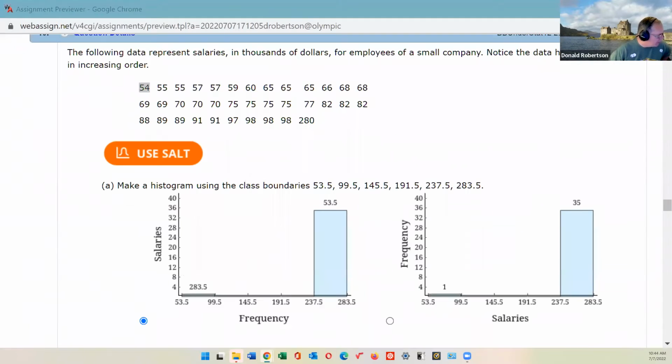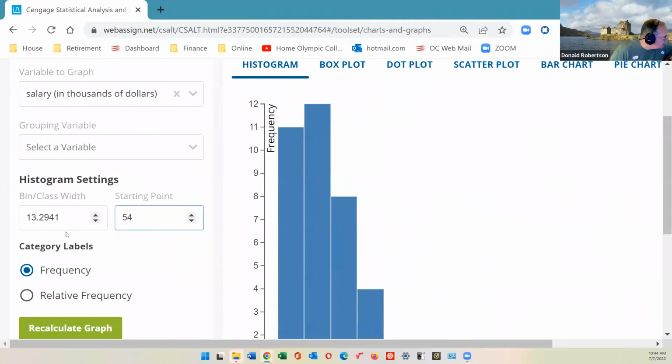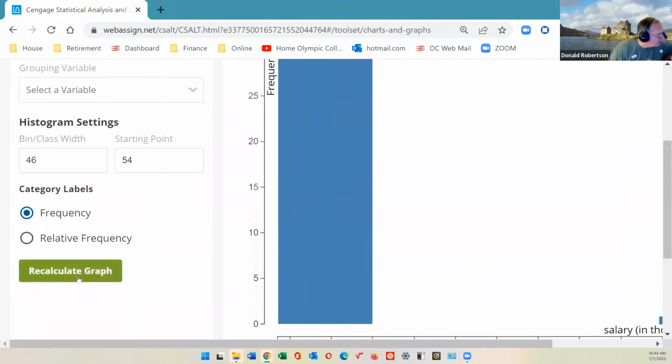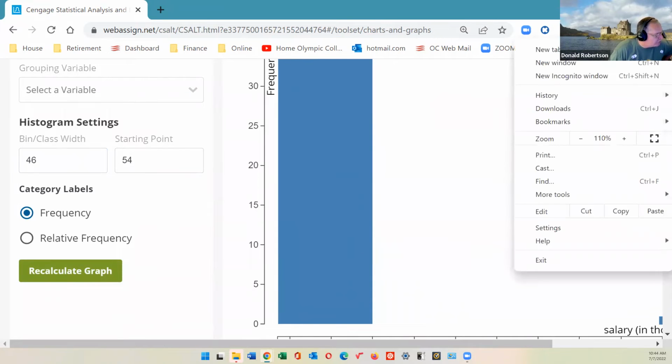And the class width, if you take this number and subtract that number from it, we'll get our class width. So 99.5, take away the start number, which in this case is 53.5, and we get 46. So back here, make that 46 and recalculate and shrink it so we can see it.